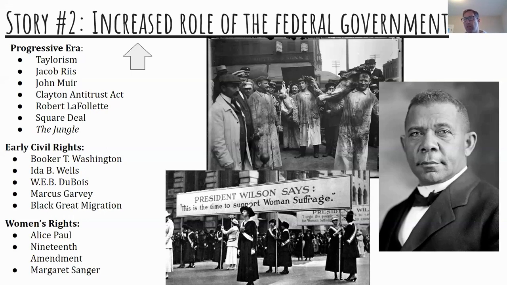So you've got these civil rights leaders that are present, that are vocal during this time period, but we don't see the same amount of laws and progress being made for African Americans during this time period as we do for, say, consumer protection, or for protecting the environment, or maybe regulating corrupt politics. All right, so just being aware of that.